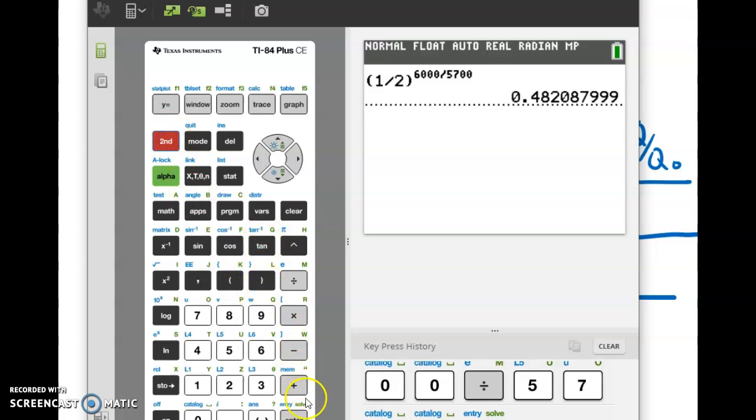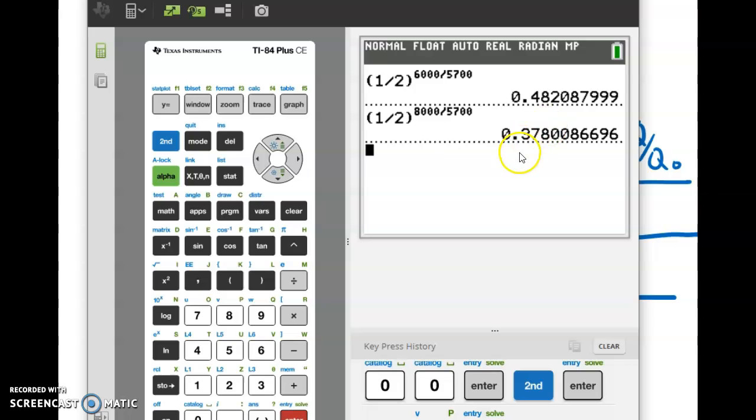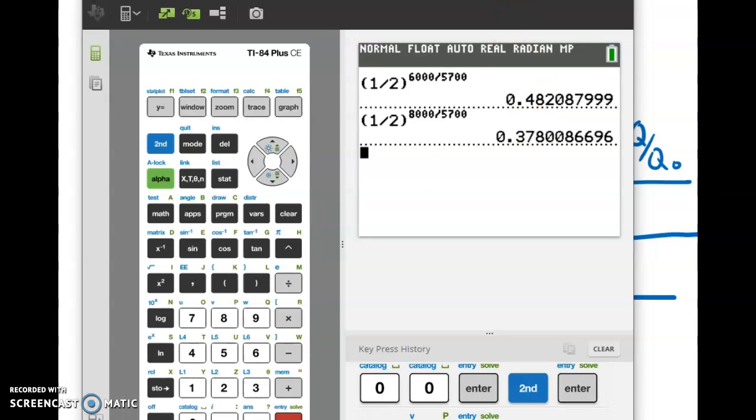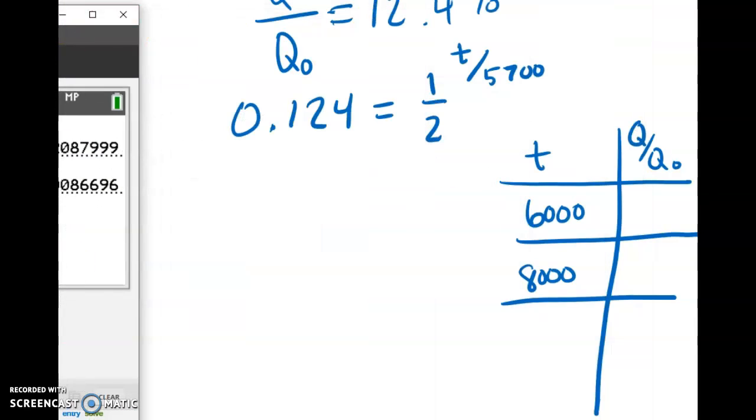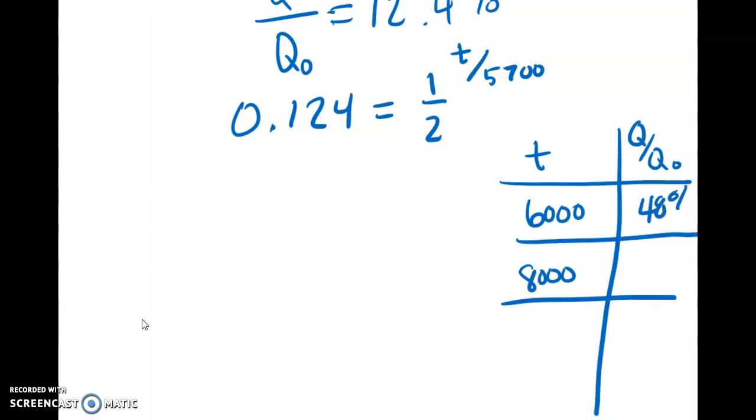So let's see when I do the 8,000. Not low enough yet, so I'm only going up 2,000. I've only gone down about 10%. I'm just going to copy these over. This was 48%. This was 38%.